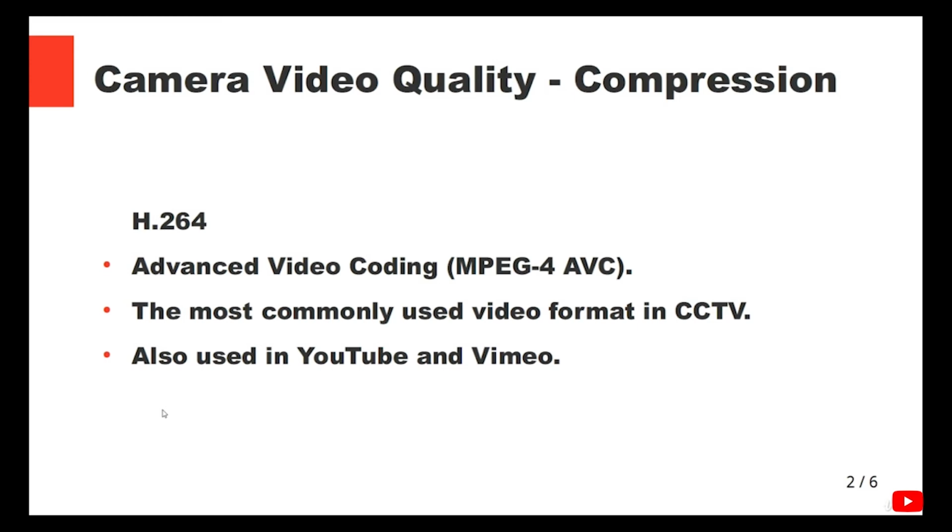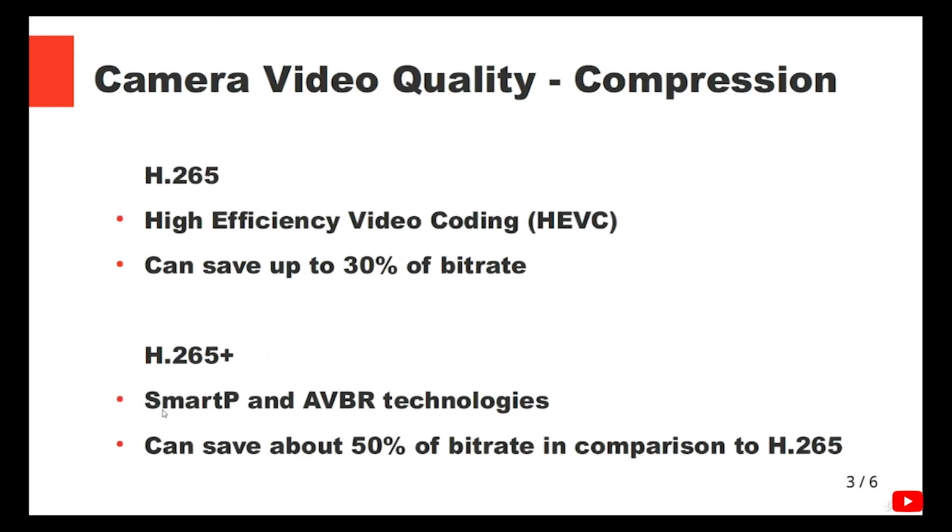H.264 is called Advanced Video Coding, and it's the most commonly used format in CCTV, also used by YouTube and Vimeo. H.265 is called High Efficiency and can save up to 30%. If you use H.265 with the smart and AVBR technologies, you can save up to 50% in comparison with H.264.